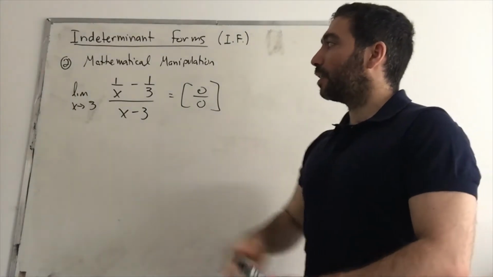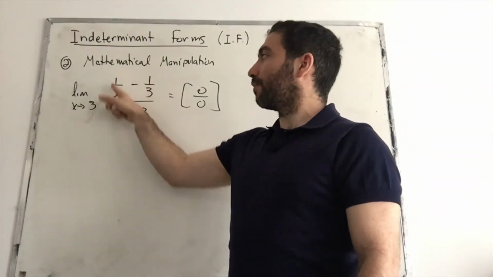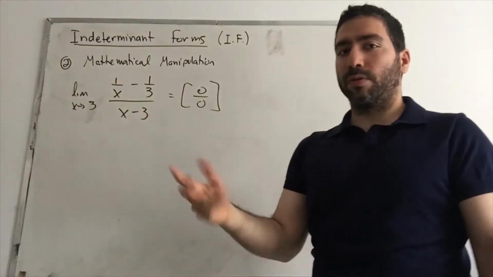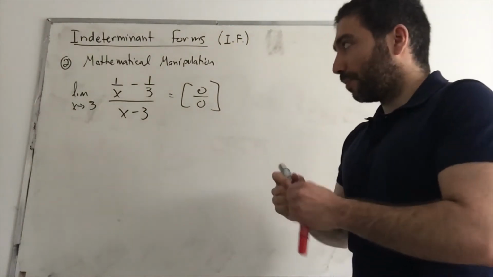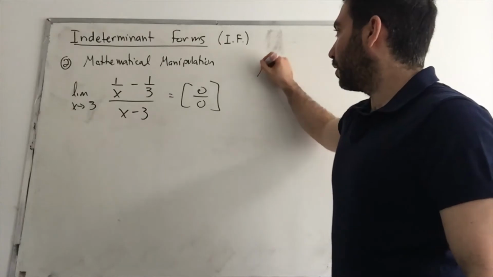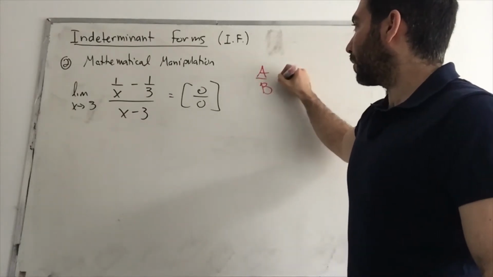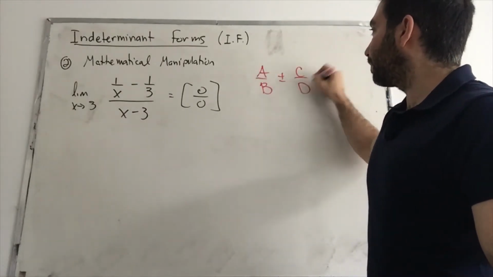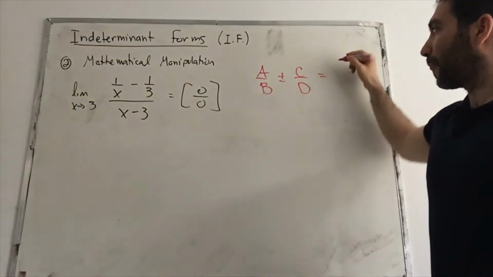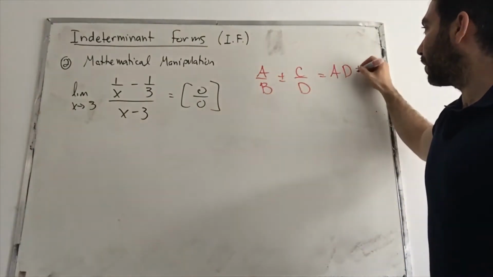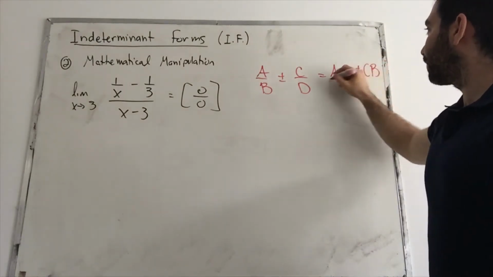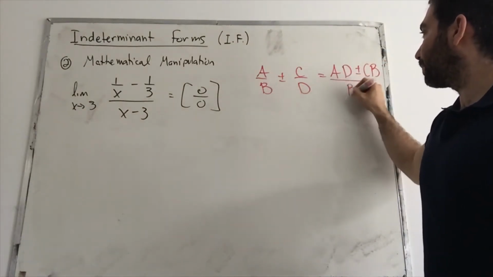In this case, if we focus on the numerator, we have a fraction minus a fraction. So what you have to do is find a common denominator. So the property that we're using is a over b plus or minus c over d. This always works. Is equal to a times d, so you multiply this way, you multiply this way, plus or minus c times b, all that over bd.